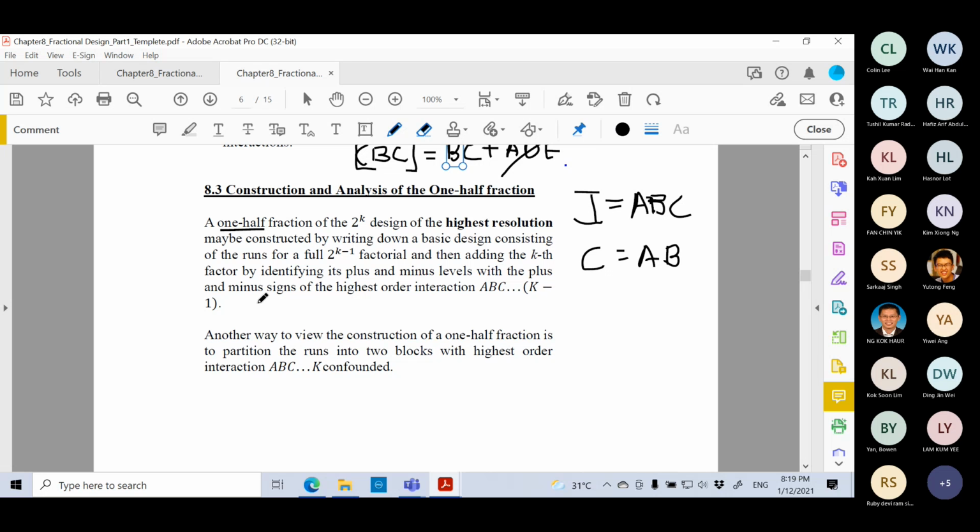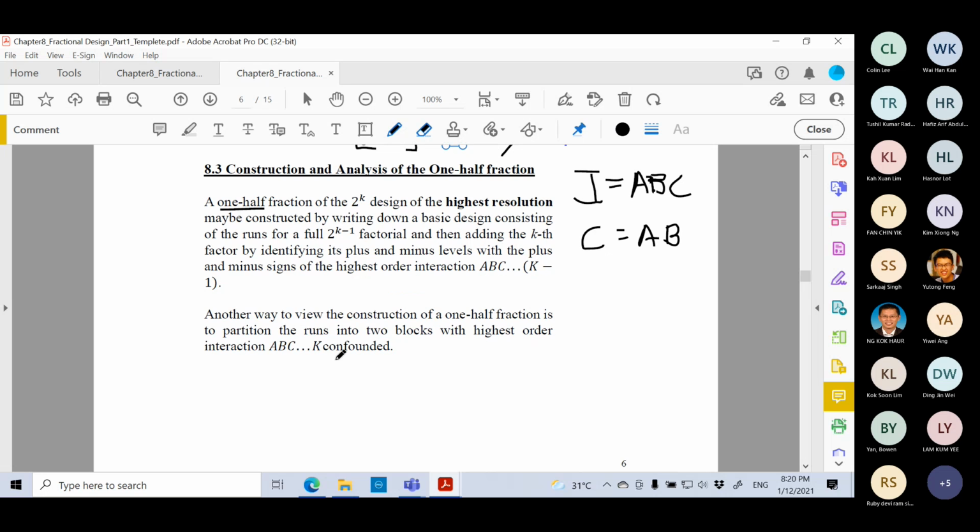Another thing is that you can view it as a fraction, where you can use the idea of confounding. It means that you use the idea of confounding to divide it into two different blocks. Then you can define the first block and the second block.